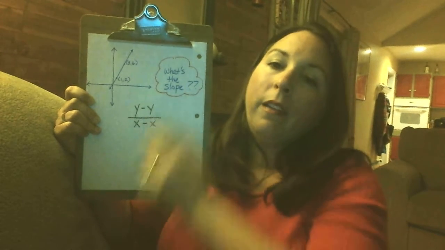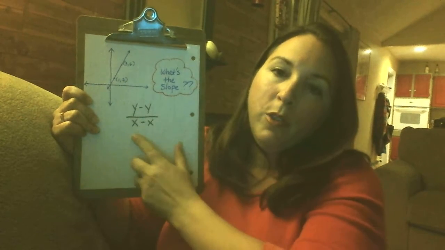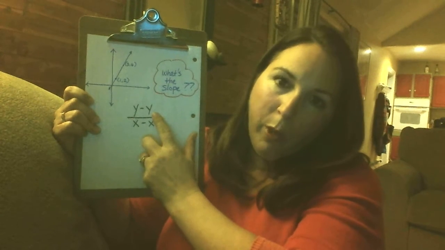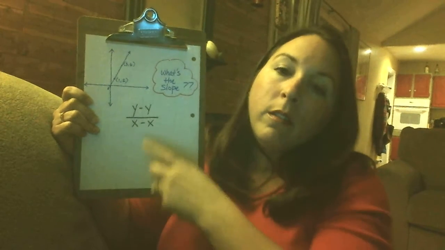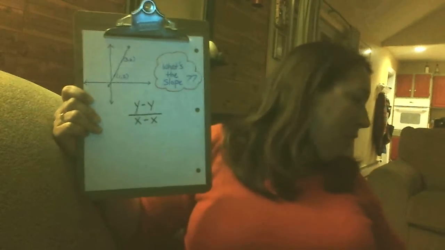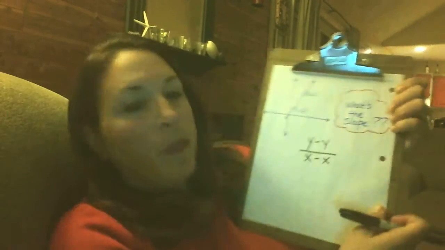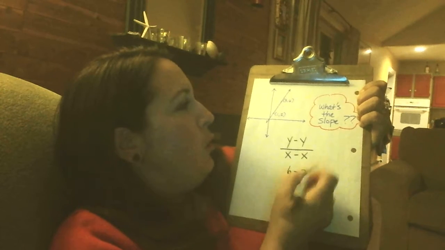So for this line, our 2 y values are 6 and 2. So I would do 6 minus 2 in the numerator. And our 2 x values are 3 and 1. So in the denominator, I would write 3 minus 1. So I'm going to write that down, and then we're going to figure out the slope. So our y's are 6 and 2.